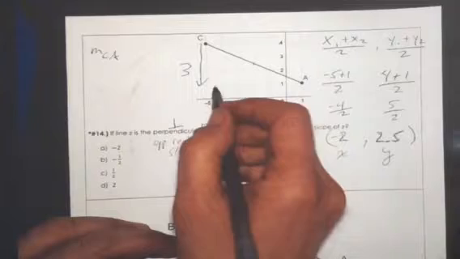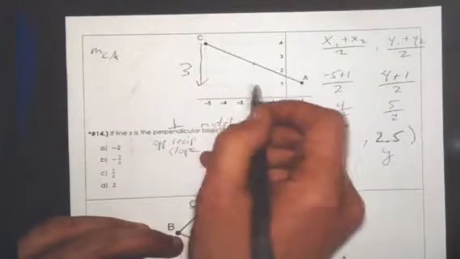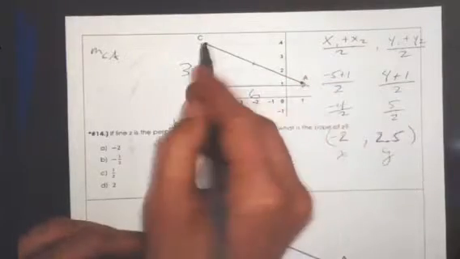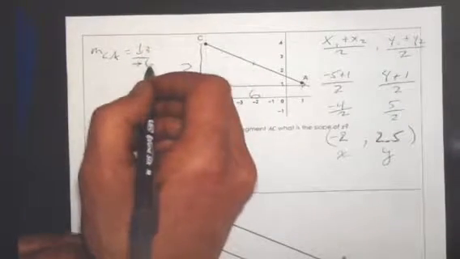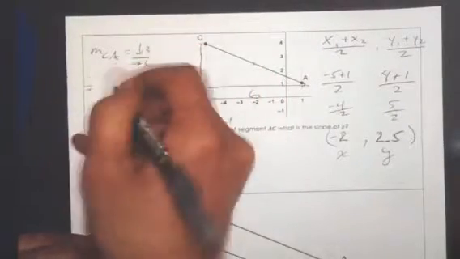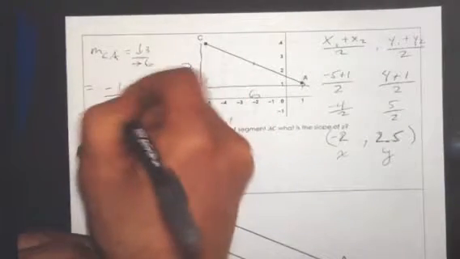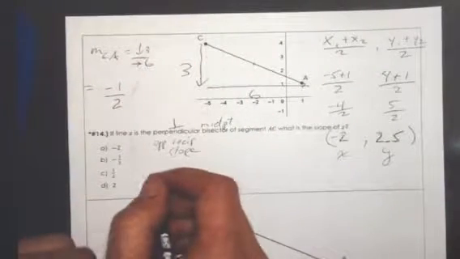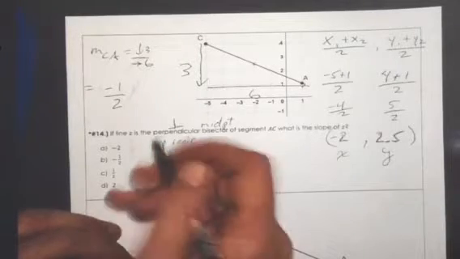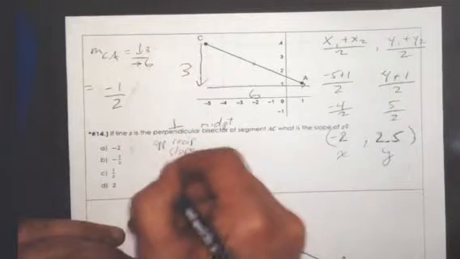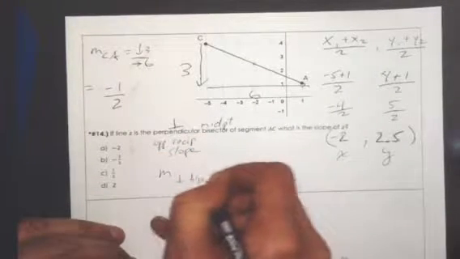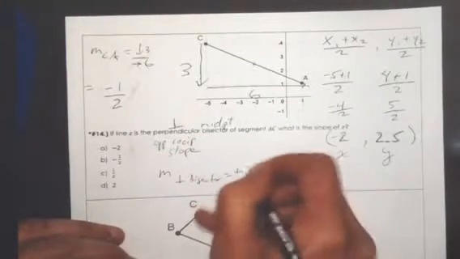And we're going right 1, 2, 3, 4, 5, 6 to get from C to A. So my slope is down 3 over right 6. Always go to the right with slope. So this is negative, because of down, 1/2. So that means that the slope of our perpendicular bisector will need to flip and change the sign. So the slope of the perpendicular bisector is positive 2.